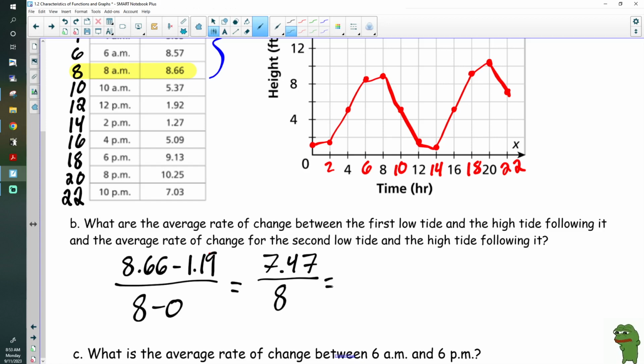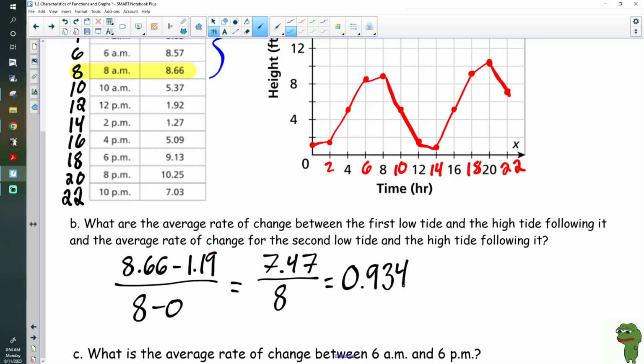I don't remember. I need you. 7.47 divided by 8. What do we got? 0.9375. Yeah, we can just round to 0.94. That is the average rate of change. And now this is how much is changing.